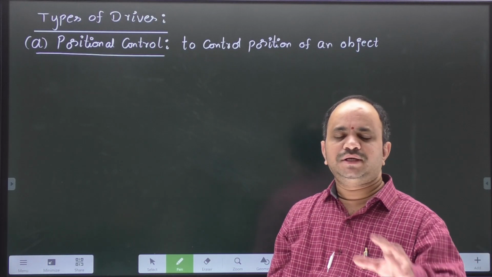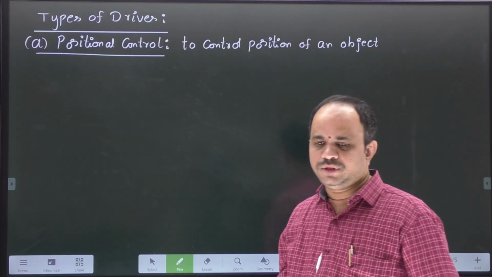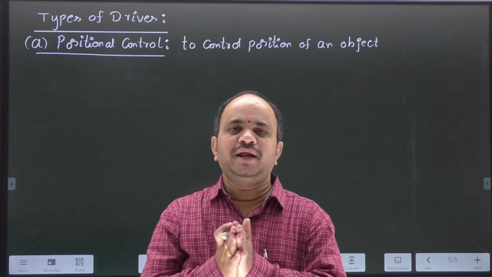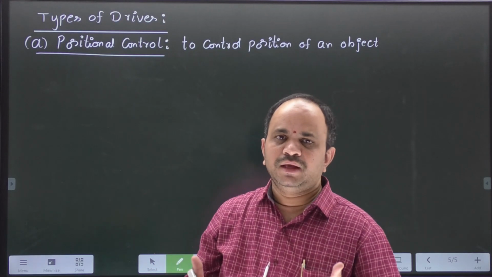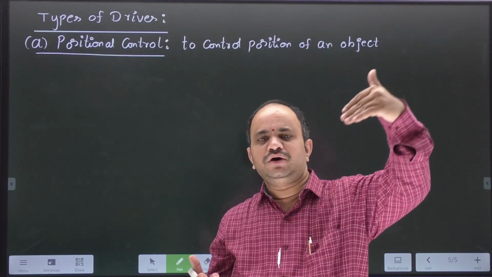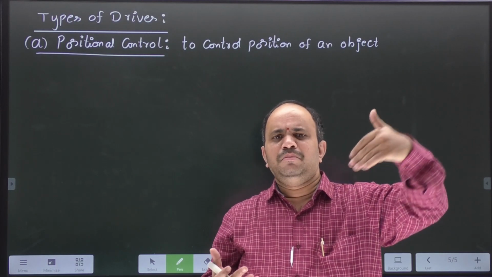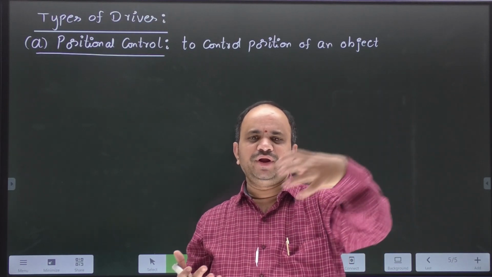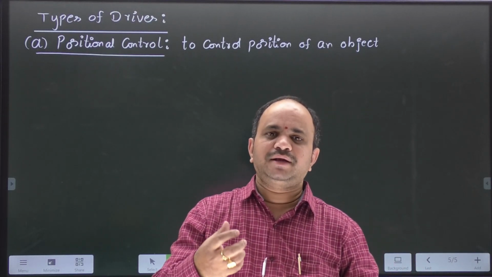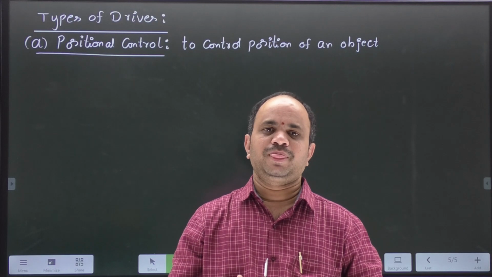Suppose there is a solar panel. When the power extraction from the solar panel will be maximum depends on when most of the sun rays fall on the solar panel, then the solar panel can extract the maximum amount of power.